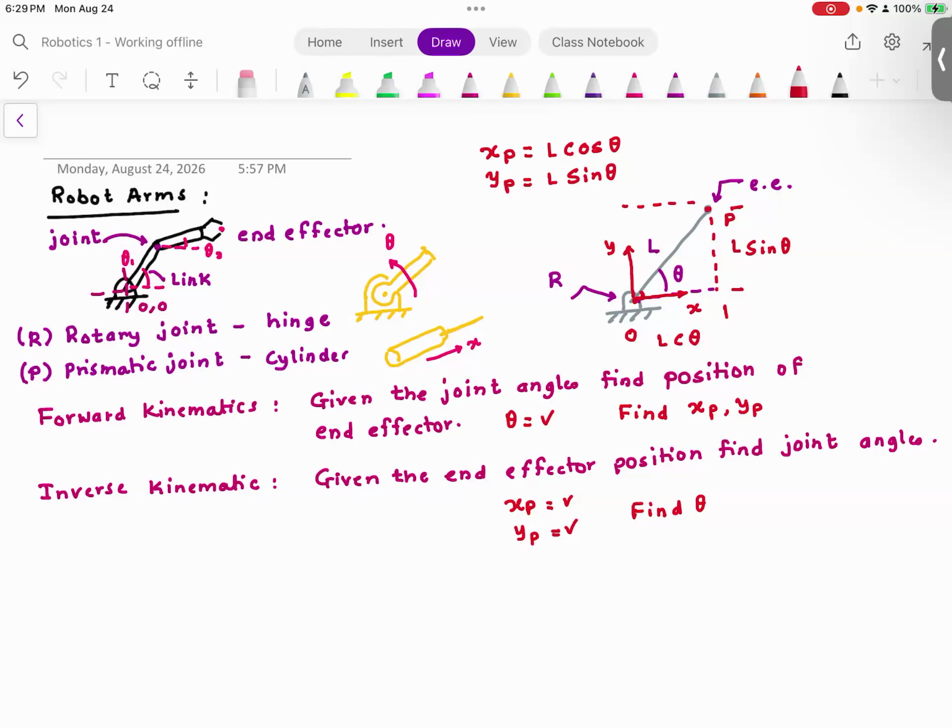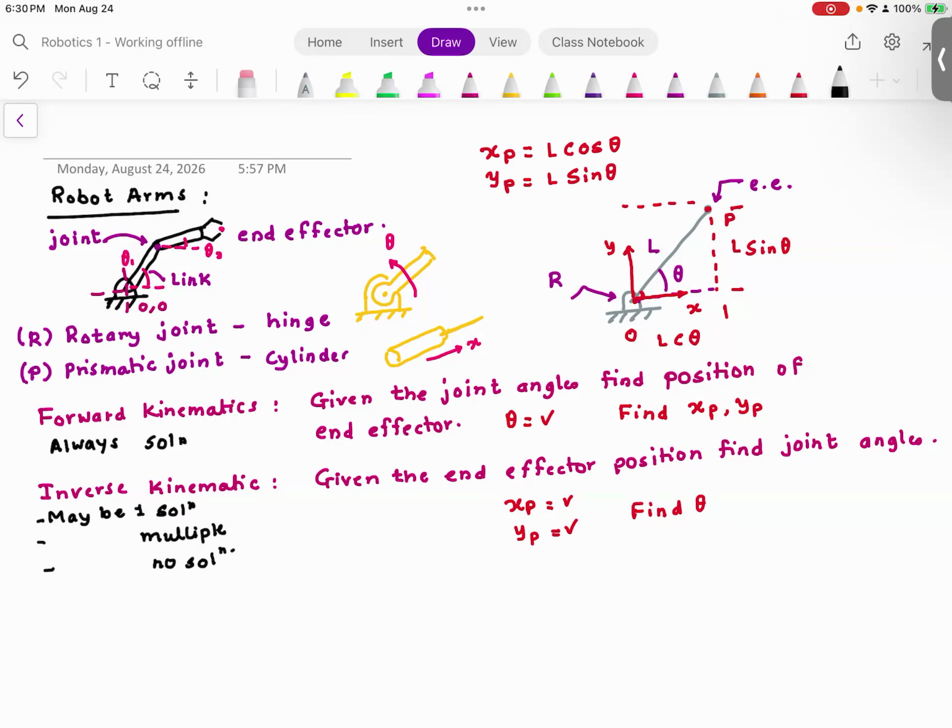Inverse kinematics may have a solution, may not have a solution, or may have multiple solutions. So I need to write this down. Forward kinematics, always a solution. Inverse kinematics may be one solution, may be multiple solutions, or maybe no solution.